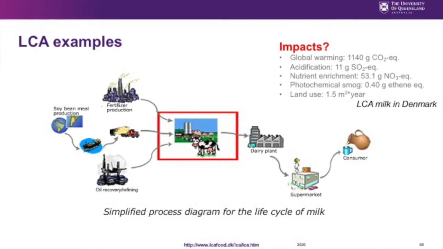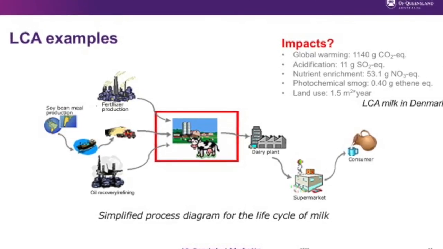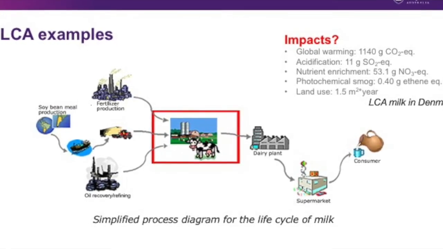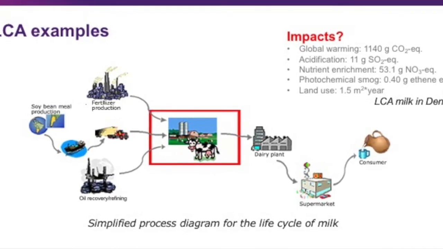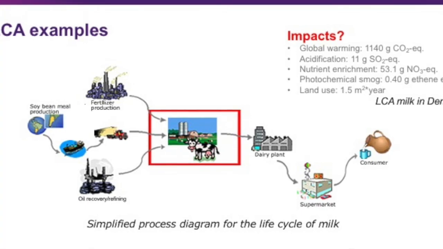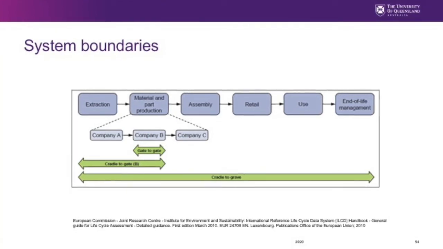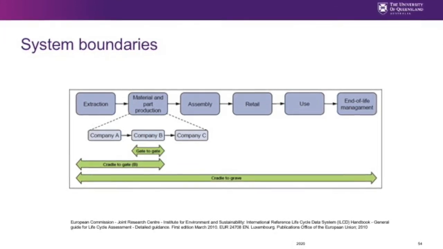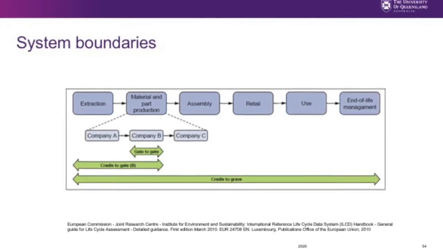So this example can help us to see all the areas or the steps that we are considering in our life cycle assessment. This is when we consider all the areas from extraction till the end of life management. We say that we consider the system from cradle to grave. And when we only consider extraction, material and production, we say that we are considering it from cradle to gate.